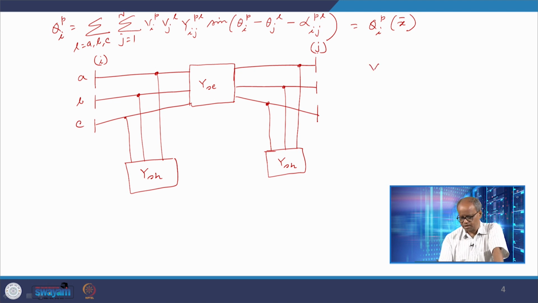So, Y series matrix, for example, would be something like Y IJ AA, Y IJ AB, Y IJ AC, and Y IJ BA, Y IJ BB, Y IJ BC.